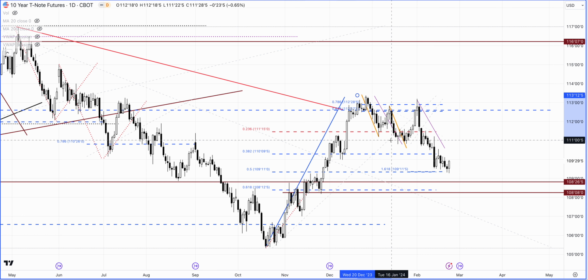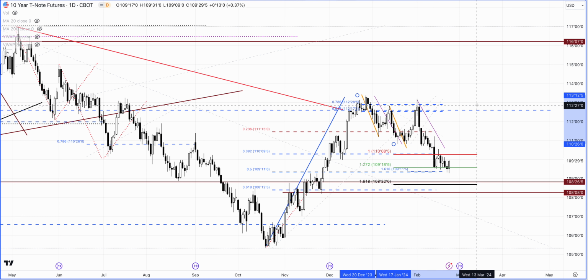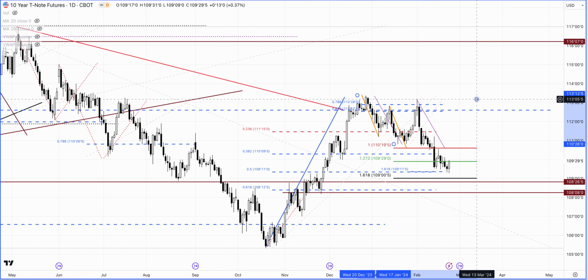If we take this high to this low and project it from this top right here, it fell very close to the 1.618 extension. The low came in around 109.09, and 109 was the 1.618. We also have the 50% retracement of this entire swing low to high coming around here as well.